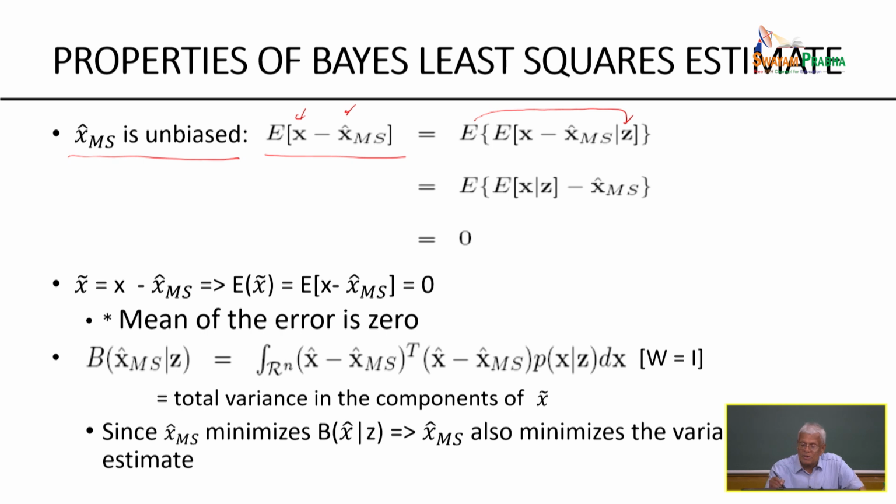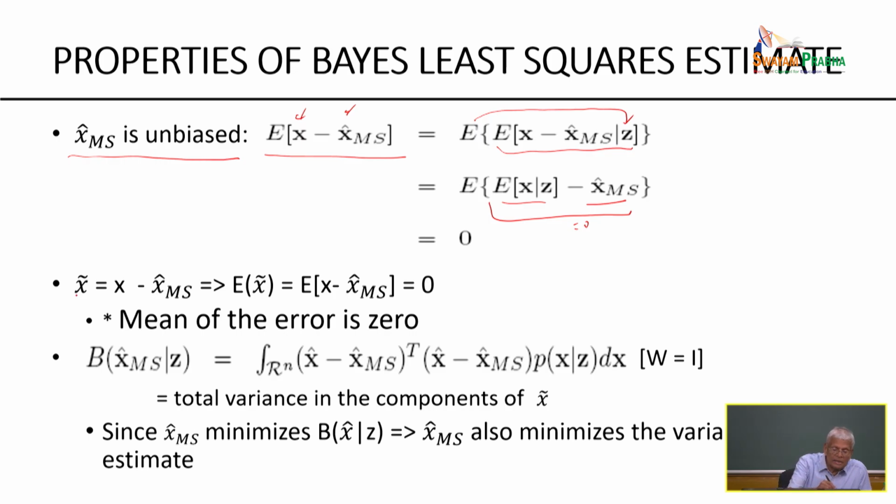So if I now evaluate this conditional expectation, the first one is expected value of x given z. The second one is already a conditional expectation, so expectation of expectation is itself. So these two are equal. Therefore, the inside quantity is 0, and therefore the expectation is 0. That means the mean square estimate obtained using the Bayesian formulation is unbiased.